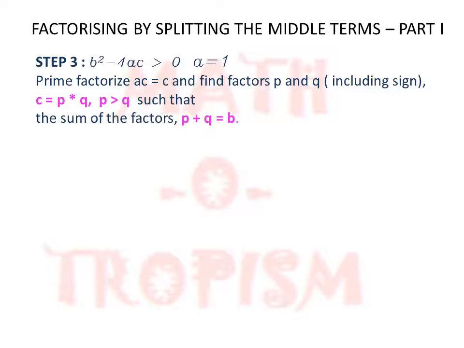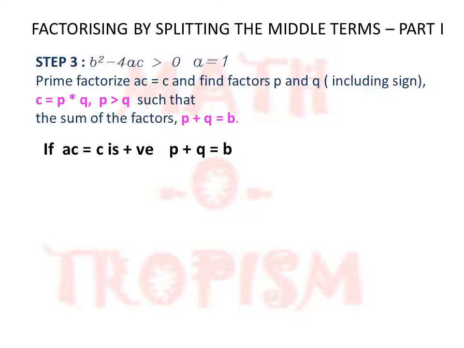So how do we proceed? First, we always need to find ac. Since a is 1, I will say it as c. There are two conditions here for c. When c is positive, that means when the last term is a plus sign, it is a plus some number. So remember, I am going to split c into two factors p and q, where both are going to be added. p plus q will give me the middle term b.